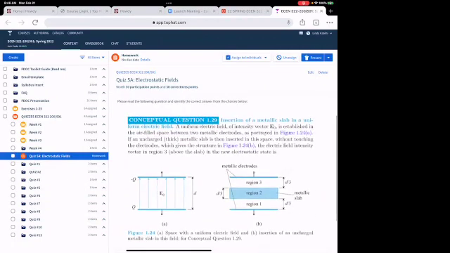Remember that when this is not connected to anything, the positive charges will be down here, and therefore electrons from this metal are going to start moving.